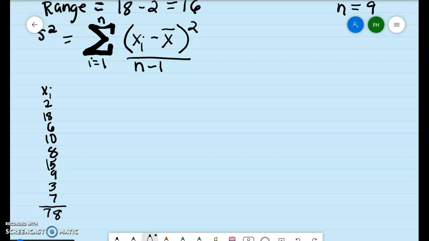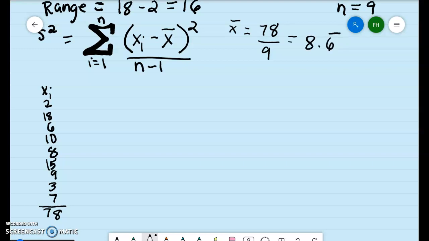Okay, now we're going to take the 78, and to get the mean, we're going to do 78 divided by 9, which is 8.6 repeating.